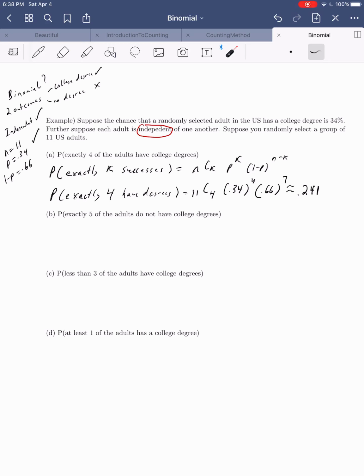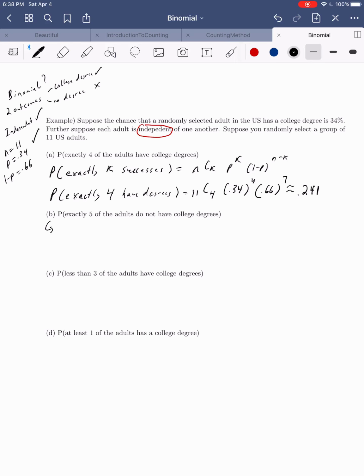All right, so let's go ahead and look at the next one that says we want exactly 5 of the adults to not have college degrees. Now, not having a college degree in our setup here is actually a failure, not a success. So let's go ahead and rephrase this first in terms of the successes.